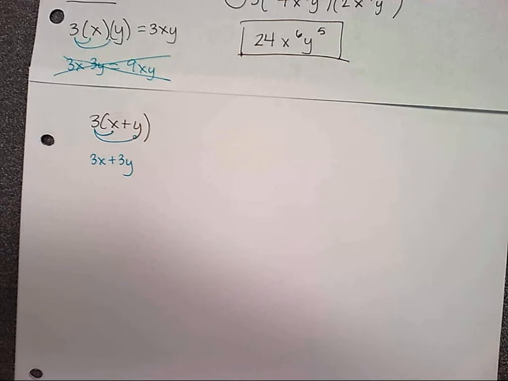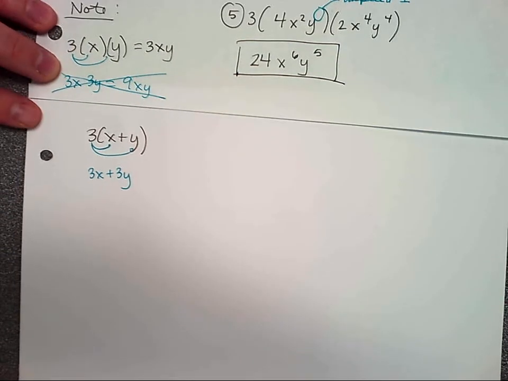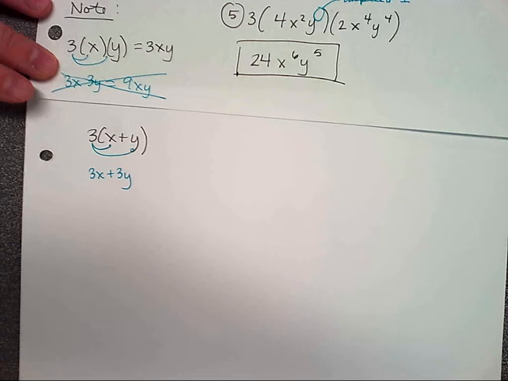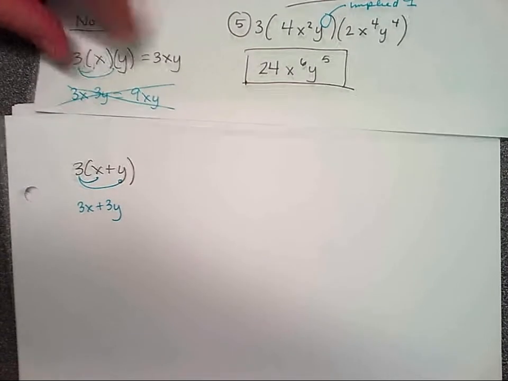So why does the y in the first set not turn into a 3y? Because of this.